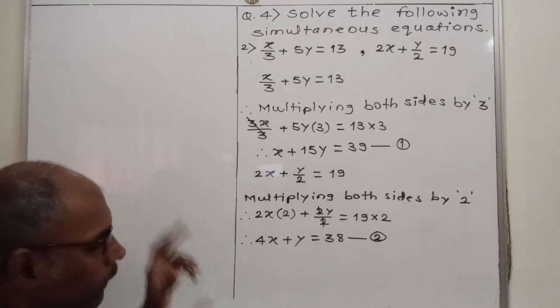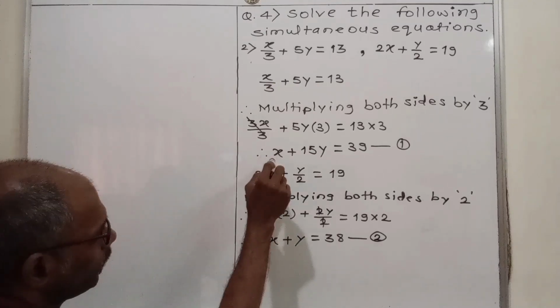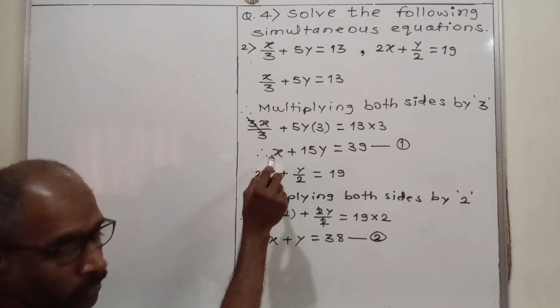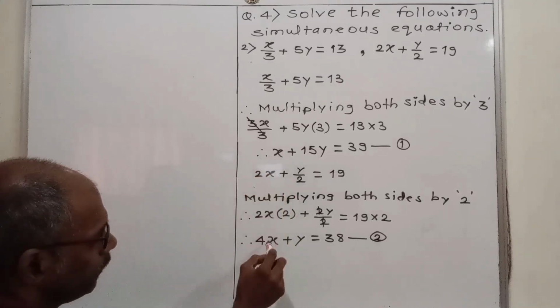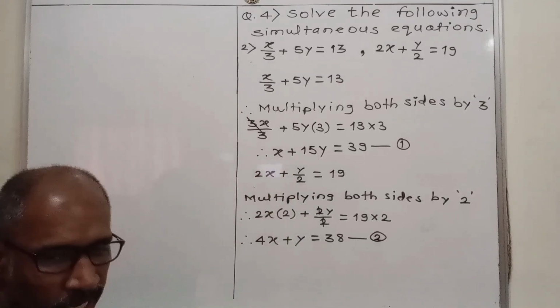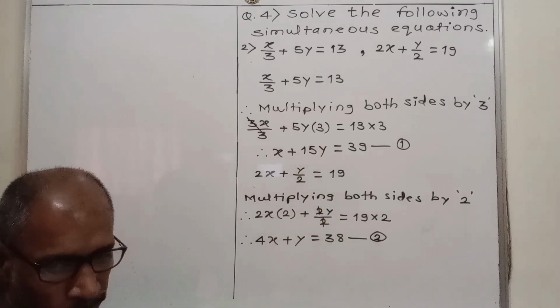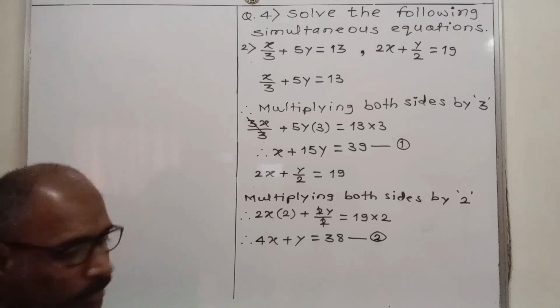Now we want to eliminate any one of the variables. Did you get it? Now see this. Here 1x, here 4x. So see this. Equate the coefficients of x or equate the coefficients of y. Did you get it?